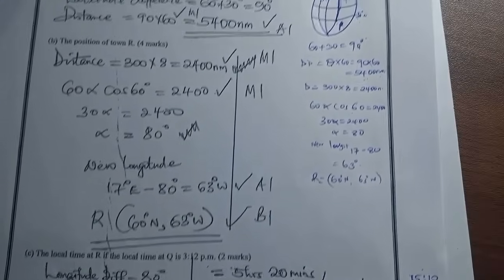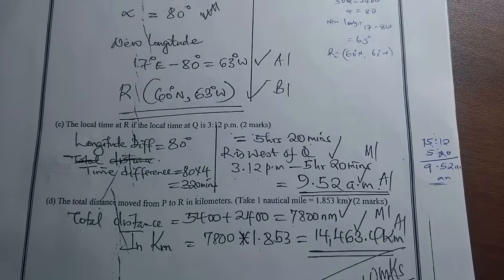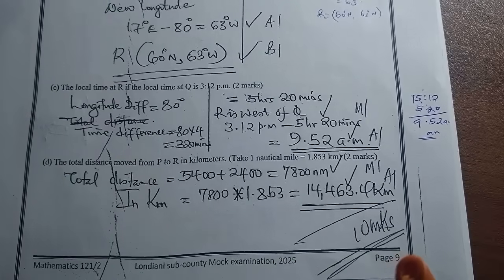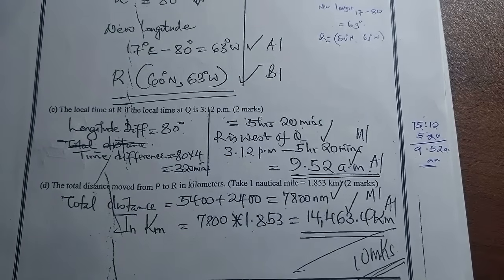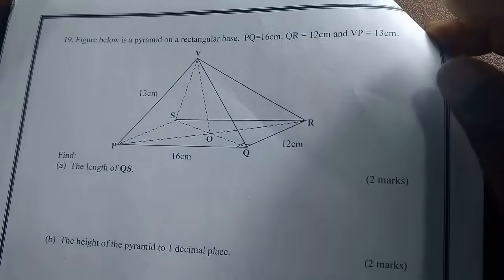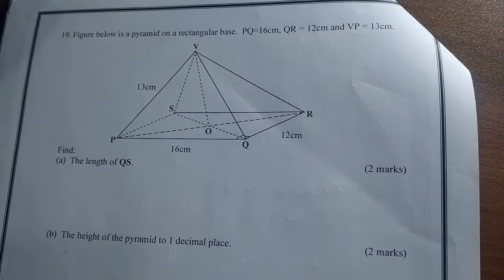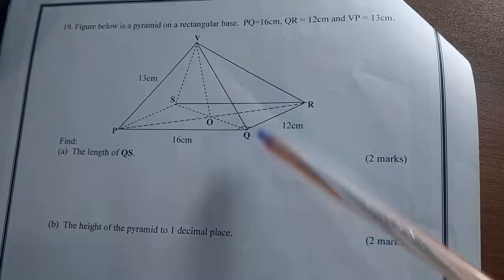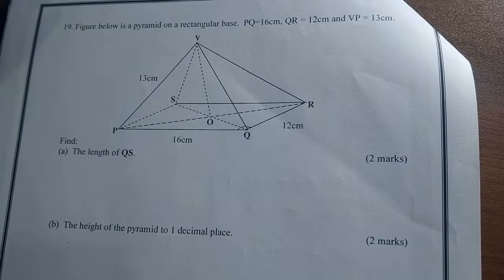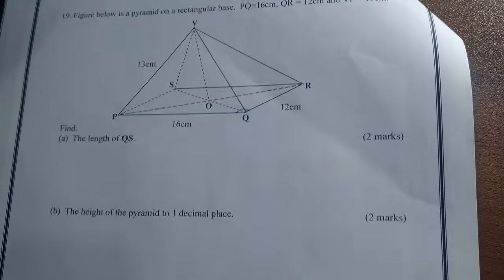And in case you have any problem, you can always consult. If you are good at 3D, you can as well try 3D. It's a very simple one. If you understand SOHCAHTOA, you understand some Form 2 knowledge, it is a very simple one. You can try this.